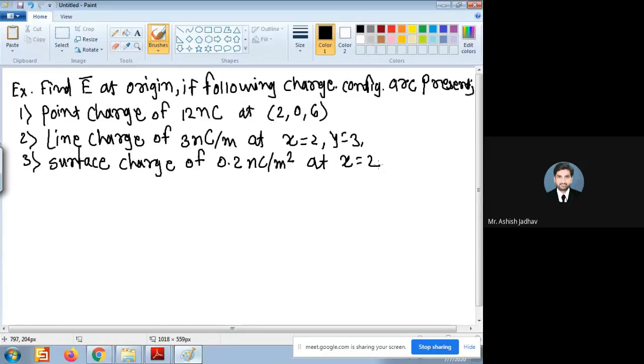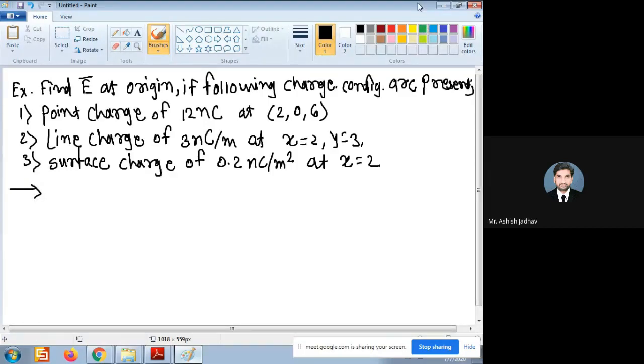So these different charge configurations are present in the free space, and you need to find the electric field intensity at the origin, that is 0, 0, 0, right? So how you can proceed to solve this example, how you can find the answer for this?